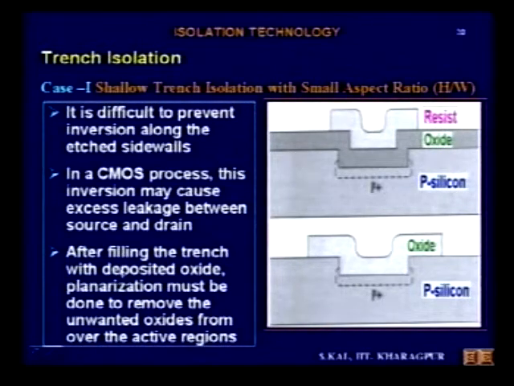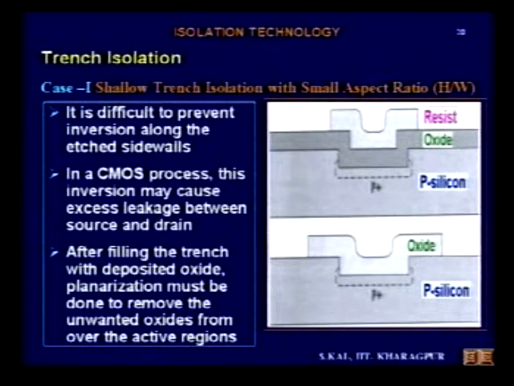After filling the trench with deposited oxide, planarization must be done to remove the unwanted oxides from over the active regions. Unwanted oxides are removed by planarization technique. Okay, so this is shallow trench isolation.